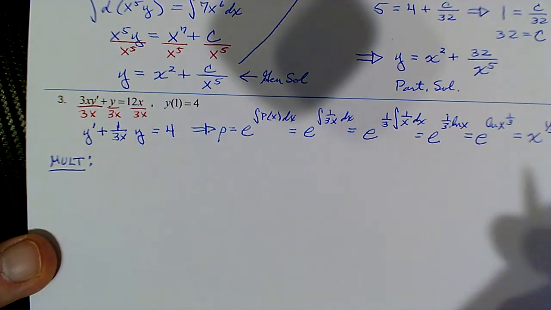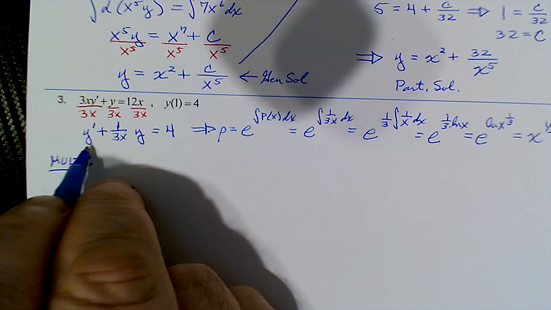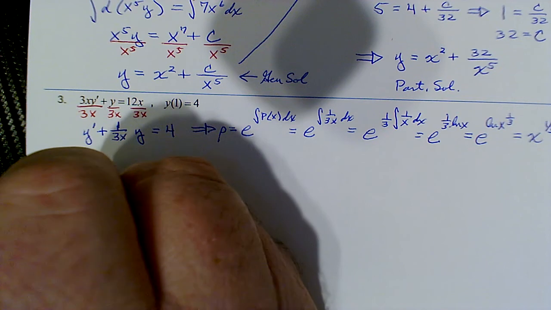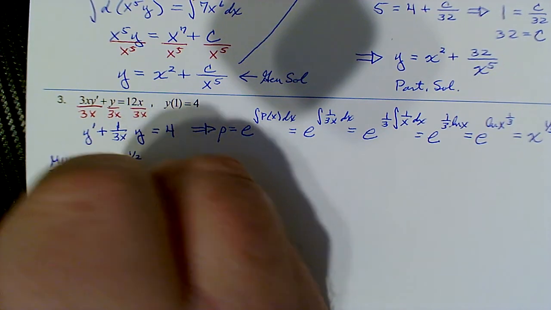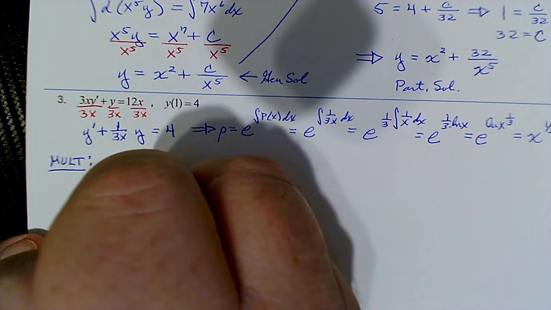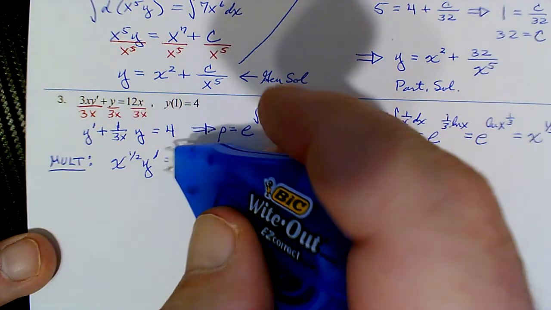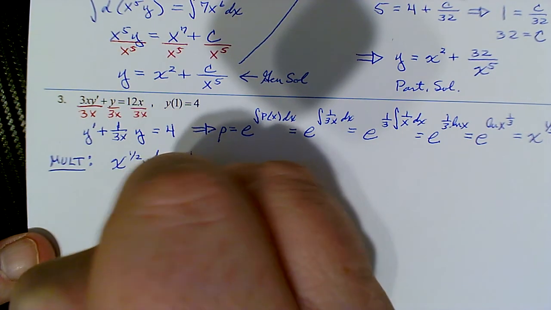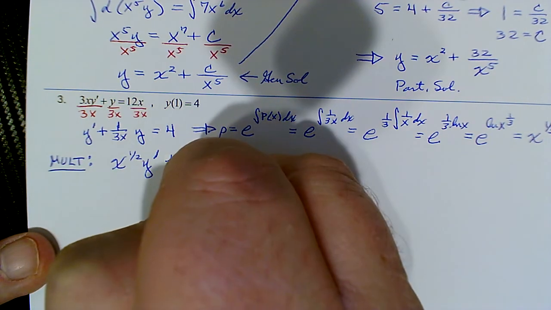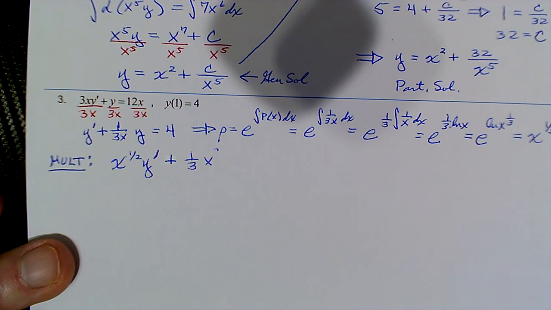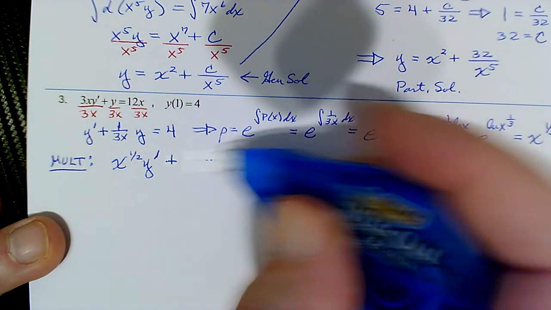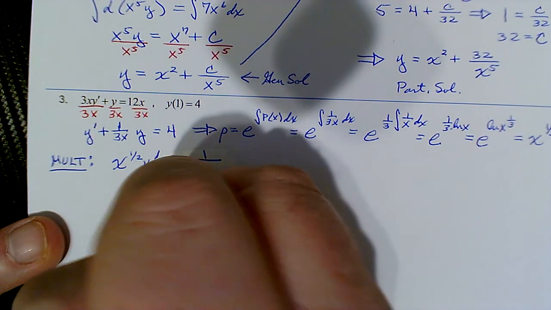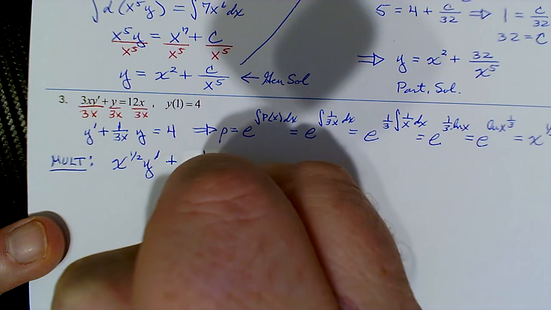So at that point we multiply. Okay, and you always multiply by the equation that was in standard form. So x to the 1/3 y prime. Okay, now x to the 1/3 times 1 over 3x would be 1 over 3 x to the 2/3.